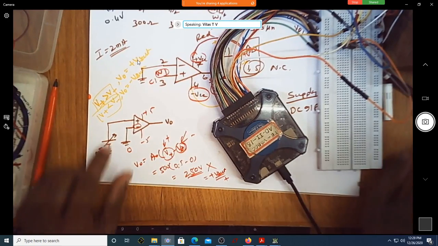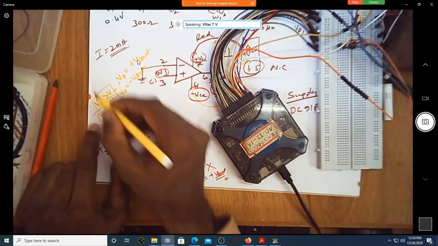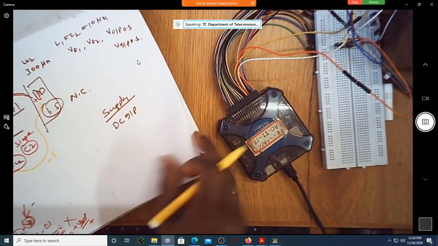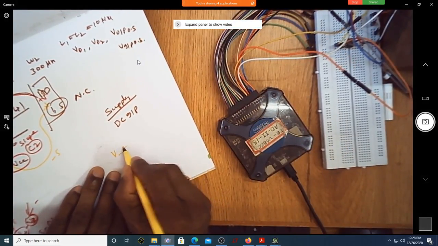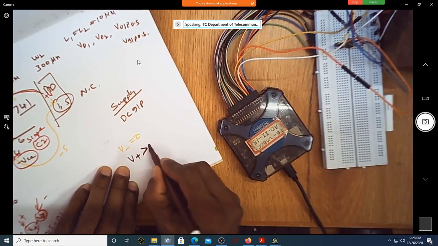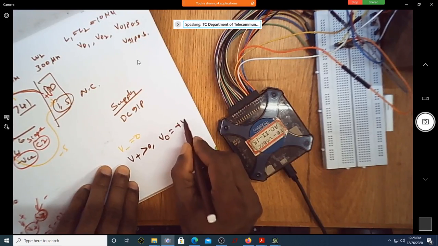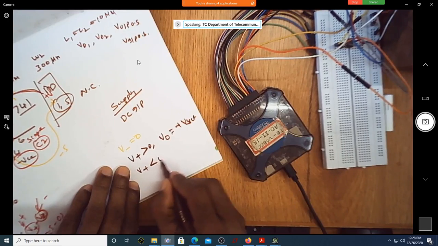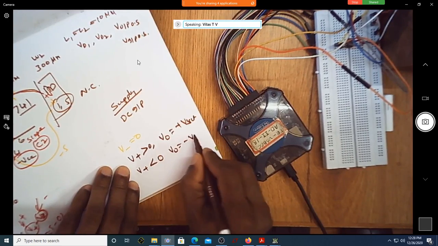So far, since V minus is equal to 0, any voltage V plus greater than 0, V naught is plus V set. Correct? V plus less than 0, V naught is minus V set.